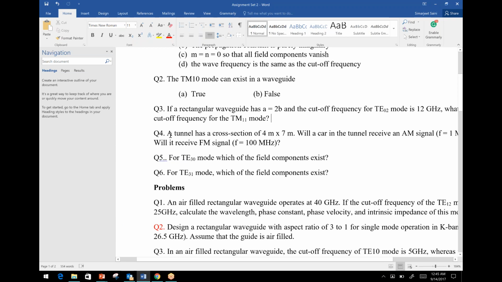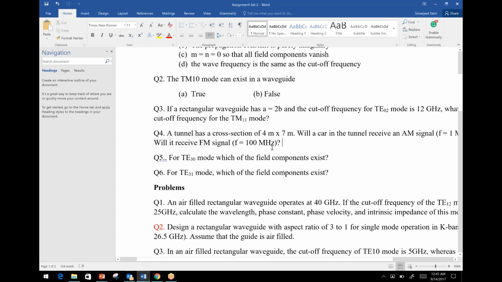Question 4 is just proving to you what I've been talking about, a practical way you can see the effect of waveguides. When you go through a tunnel, your AM transmission stops immediately, whereas your FM transmission still continues as if nothing has happened.